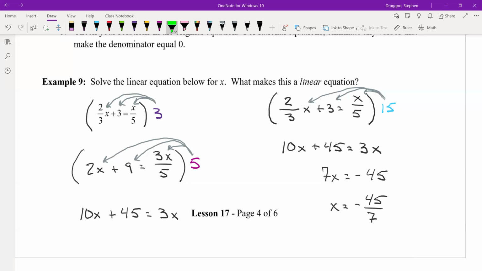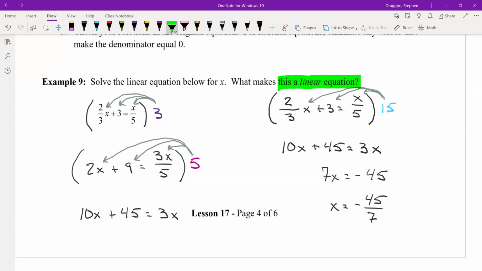Coming back up to the question, what makes this a linear equation? Well, linear equations, being y equals mx plus b, only have two kinds of terms, an x term and a constant term. So we have a degree 1 term and a degree 0 term.